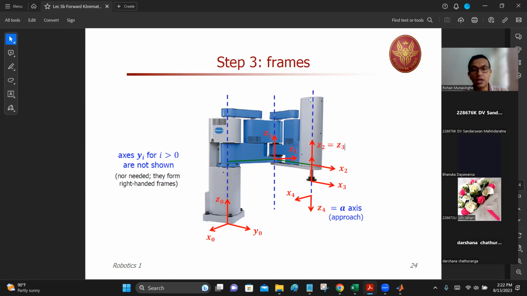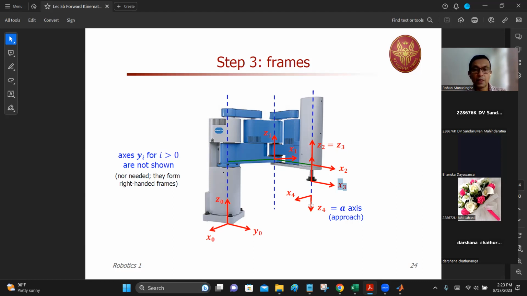Z3 is also aligned with that one. Then you have some displacement, some distance. That's why x3 comes over here. From x2 to x3 there's a distance along the same axis. After that, let's say you attach something to the manipulator and you generate this x4, y4, z4, an additional coordinate frame.